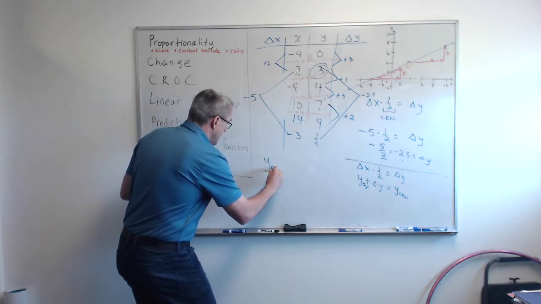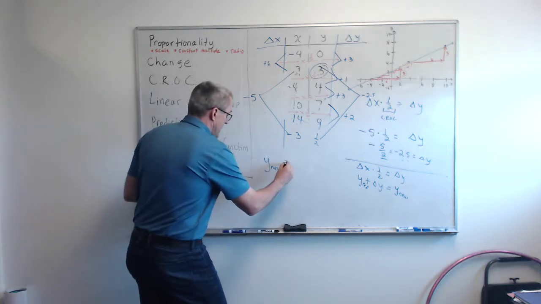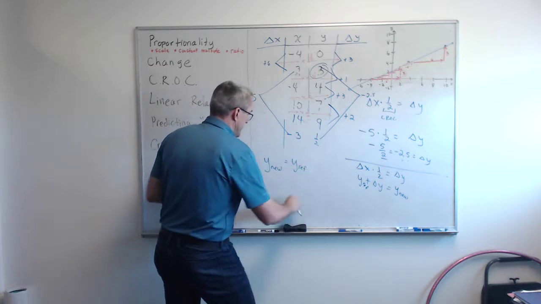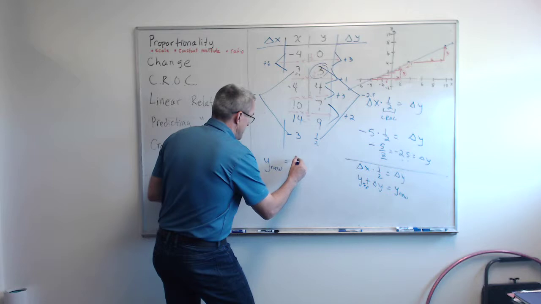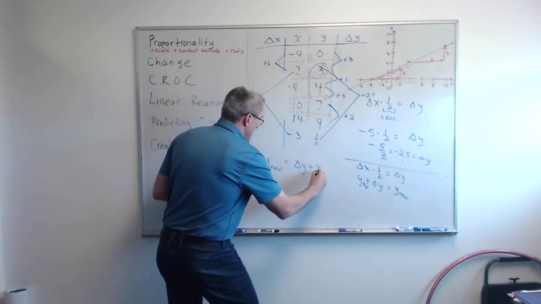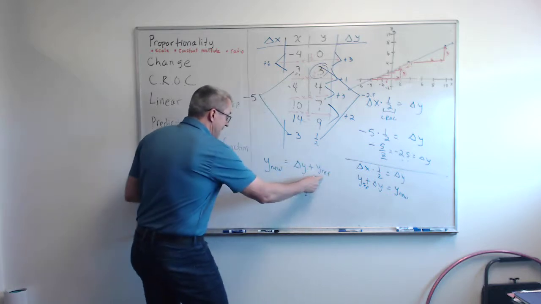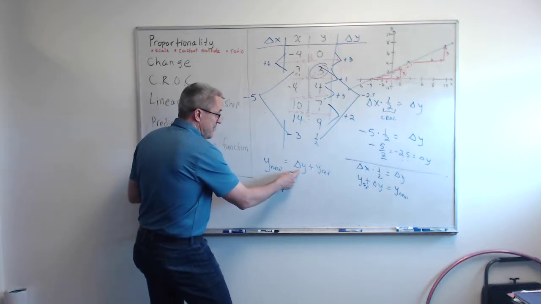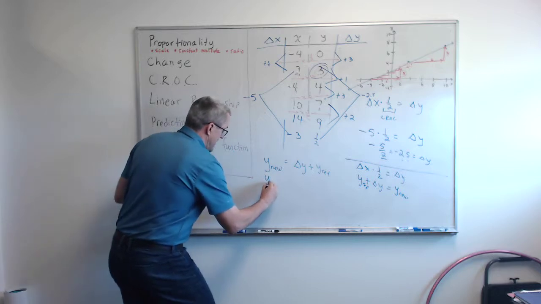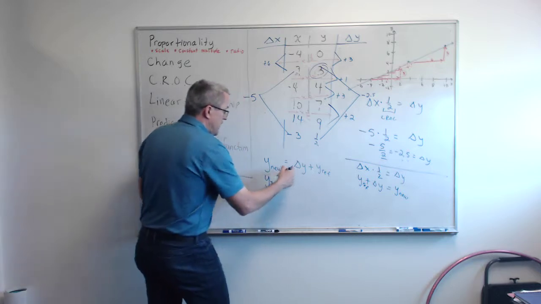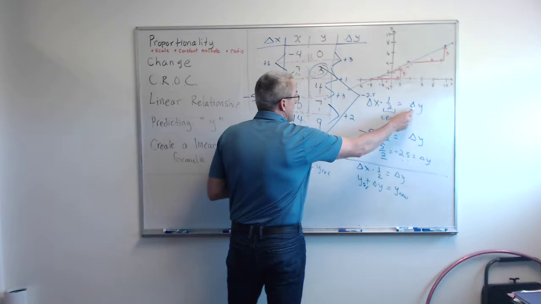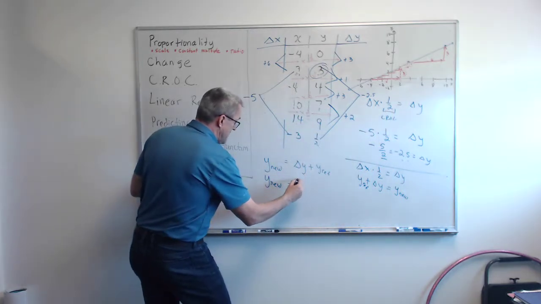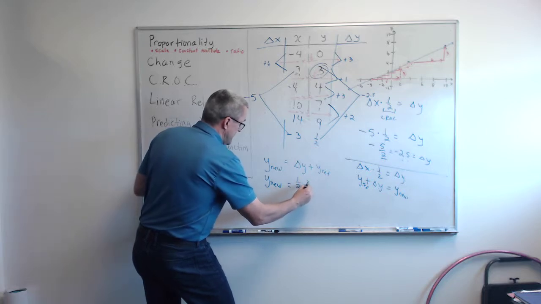To get the new y value, we take the reference y value and add to it how much y changed by. Now, how do we figure out how y changes? Well, the change in y is a half times delta x. So in our case, that change in y was found by taking half of delta x.